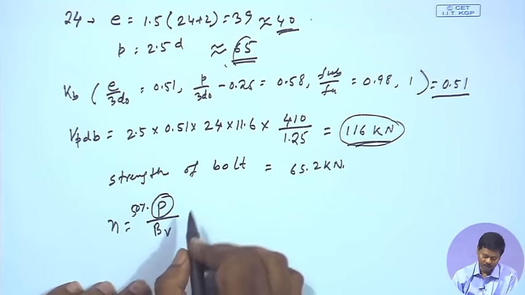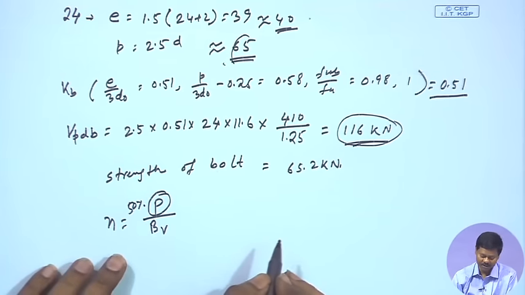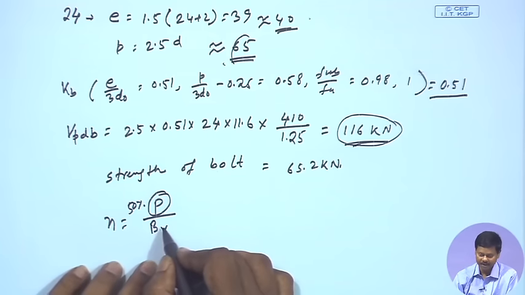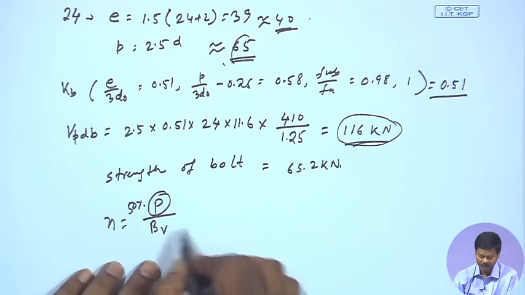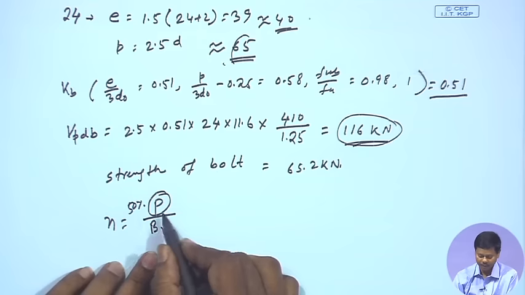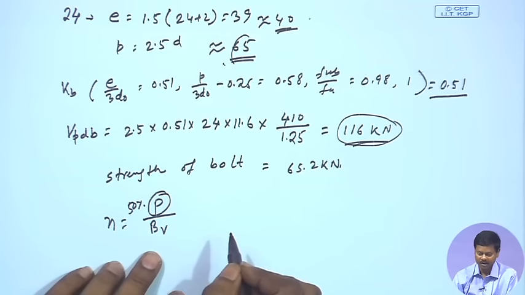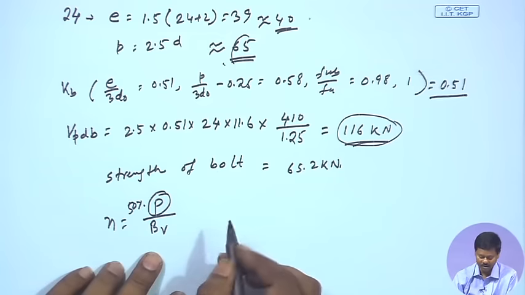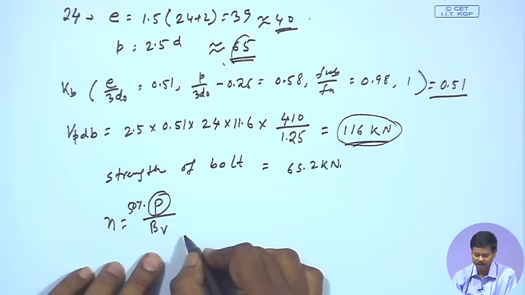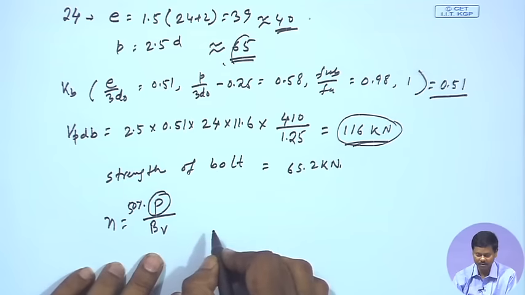So, depending on the assumptions, means how the connection has been made, whether it is complete bearing or not, the force will be calculated for calculating the number of bolts. So, if we assume the gusset material to have complete bearing, then 50% of the load will be assumed to pass directly and 50% of the load will be passing through the connections.